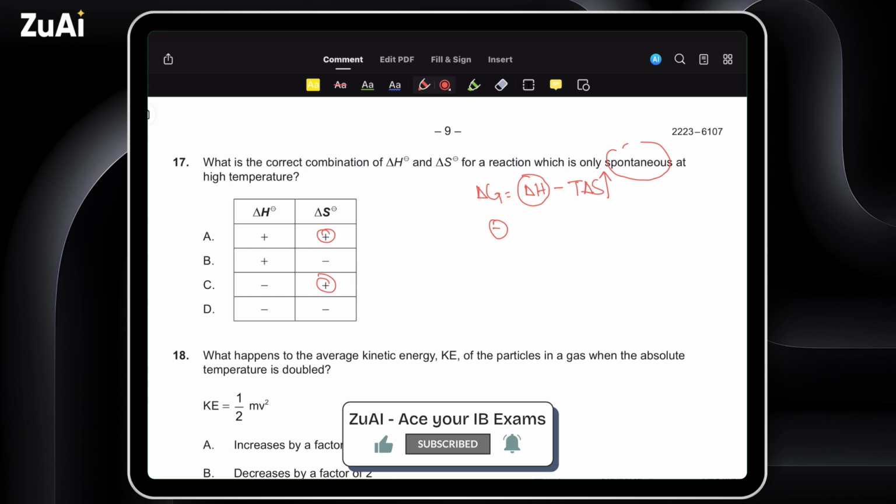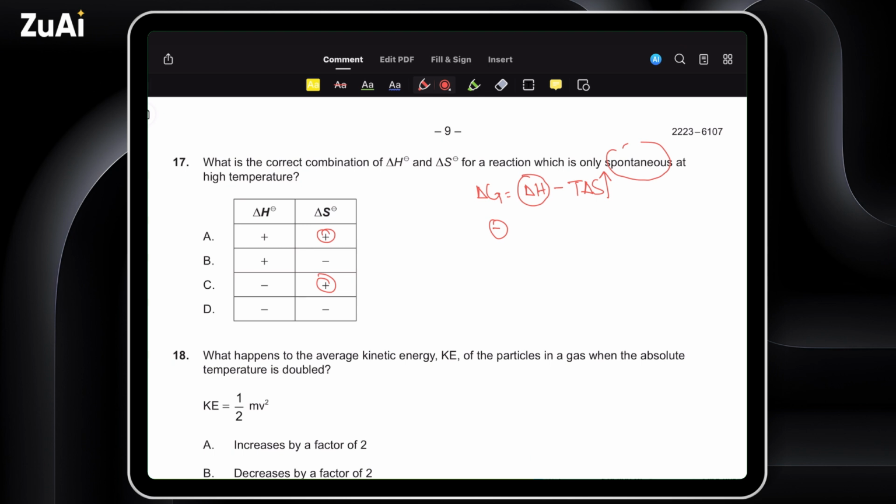That's the concept you need to know. So your delta H should be less, so minus, so C is the answer.